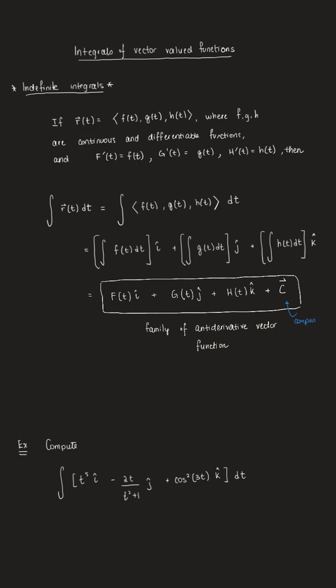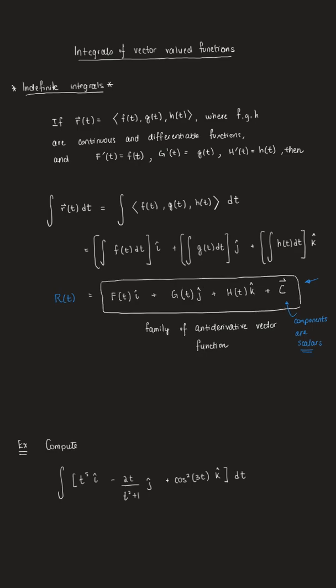And we need this because when we take the derivative of, for example, this function, let's call it capital R of t, that represents the family of antiderivatives of lowercase r of t, then the derivative of a vector whose components are scalars will just be 0.